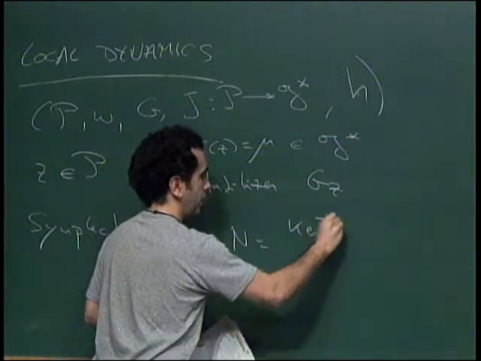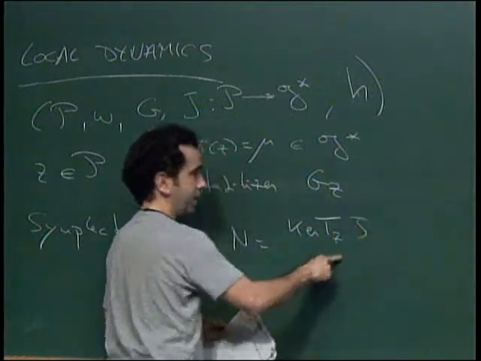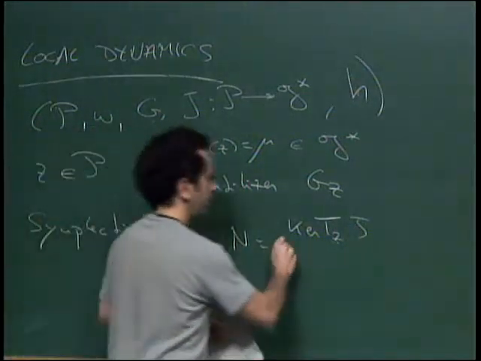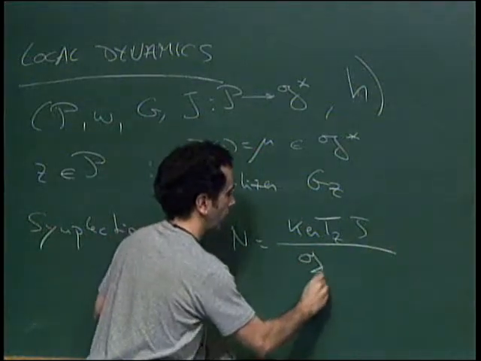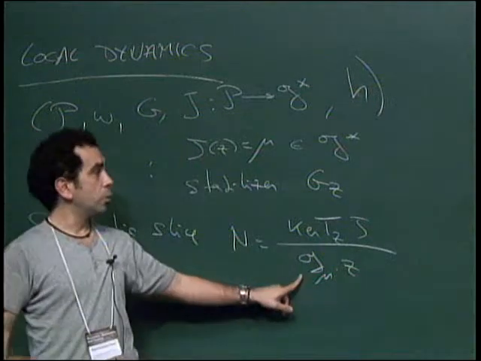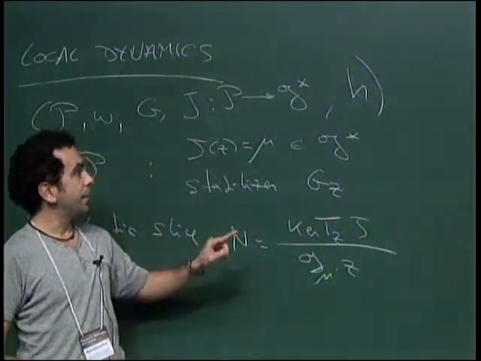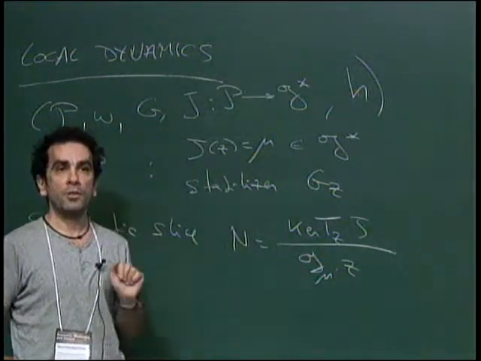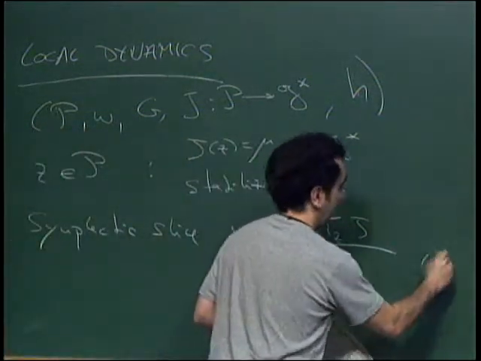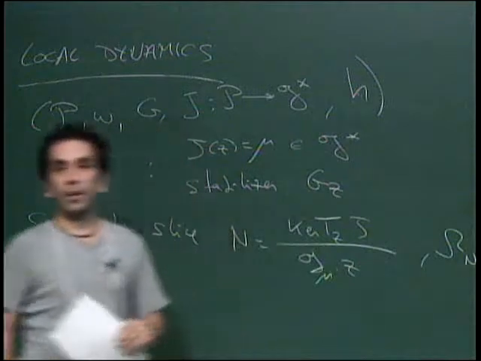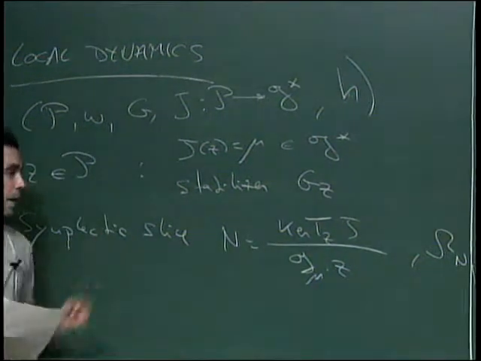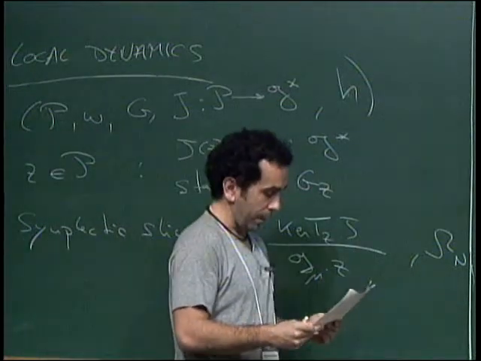You do the quotient of the kernel at this point of the momentum map, the linearization of the momentum map, divided by the infinitesimal generators associated to the elements in the Lie algebra of G that fix this mu according to a coadjoint representation. So this happens to be, just by general theory, a symplectic vector space where the symplectic form is induced from this omega, and we will call it a capital omega N.